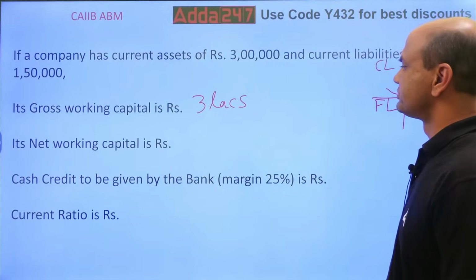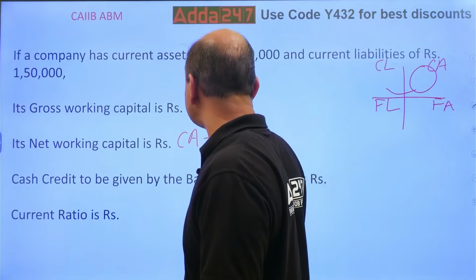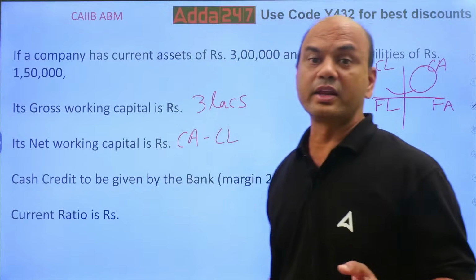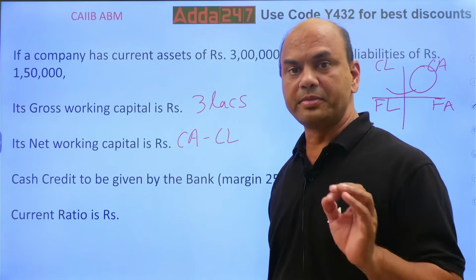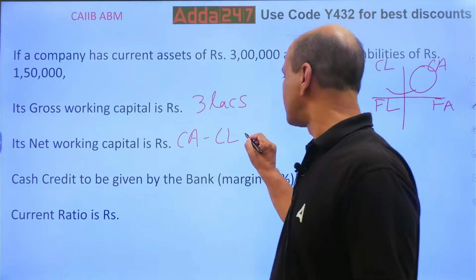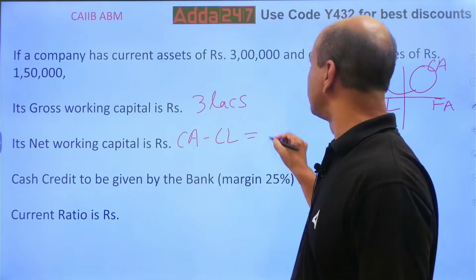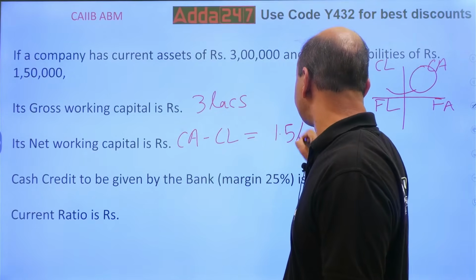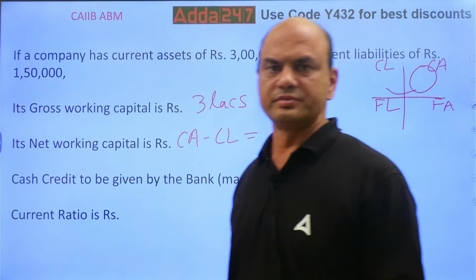So it is current assets minus current liabilities, or it is also called working capital gap. So here it will be 3 lakh minus 1,50,000. So it is 1.5 lakhs. Simple. 1.5 lakhs. Okay.